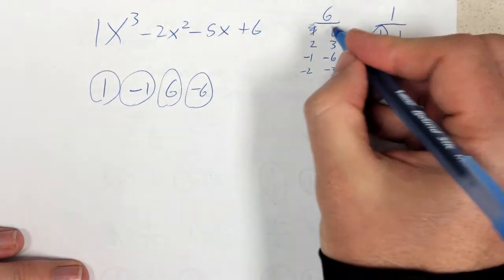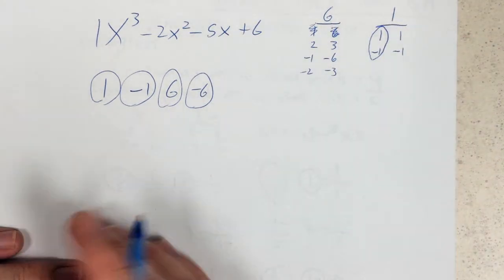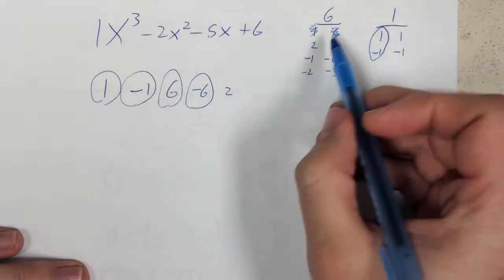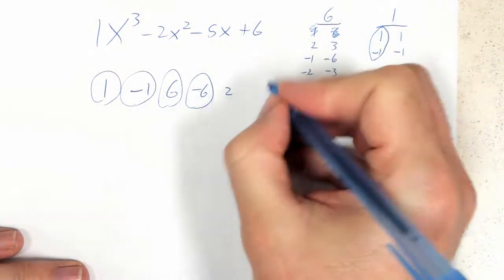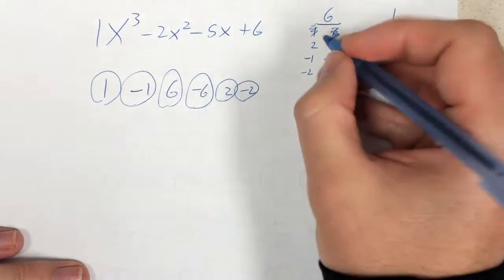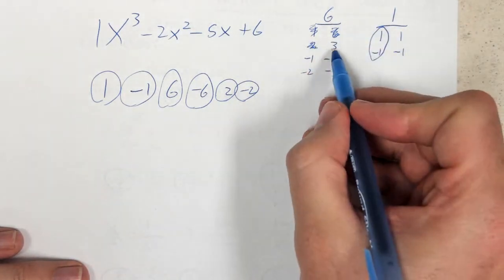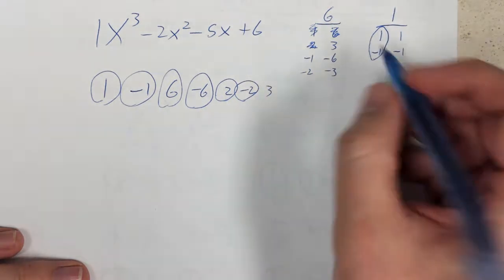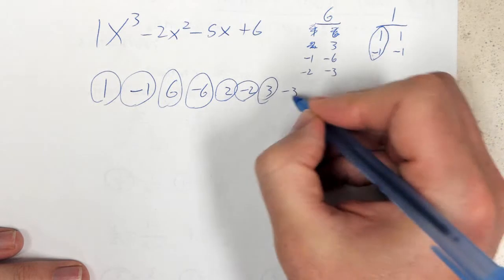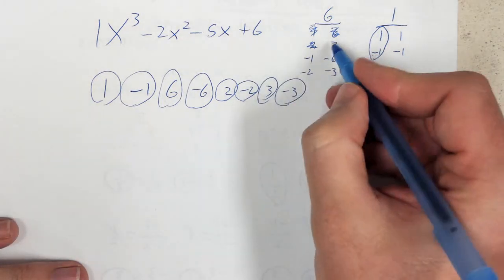Did that one. 2 divided by 1 is 2. 2 divided by negative 1 is negative 2. Did that one. 3 divided by 1 is 3. 3 divided by negative 1 is negative 3. Another set of unique solutions.